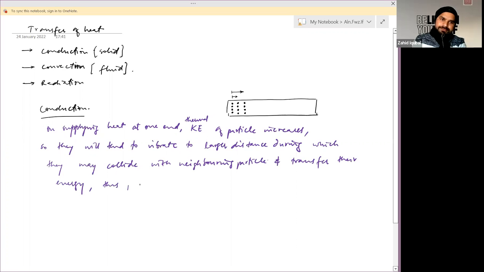This process continues till energy from one end gets transferred to the other end.